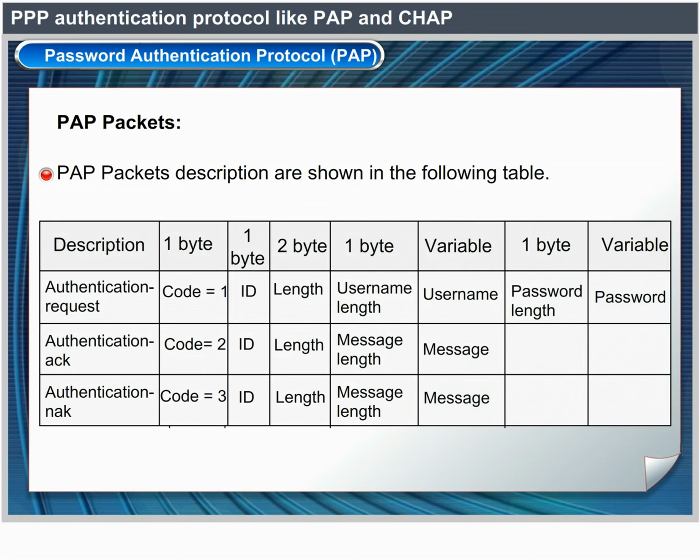Authentication-request, code equals 1, ID, length, username, password length, password. Authentication-ACK, code equals 2, ID, length, message. Authentication-NAK, code 3, ID, length, message.